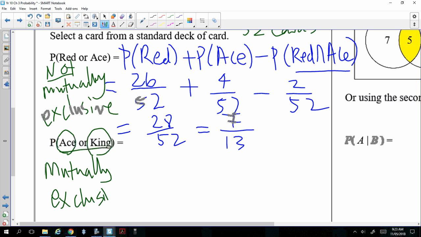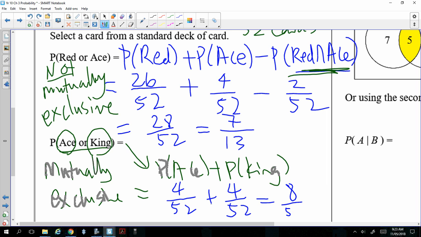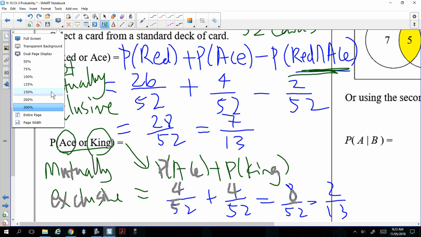You do not need the intersection term because it's 0 anyway, right? So the probability of ace is 4 out of 52. King is also 4 out of 52. So it's 8 out of 52, which is 2 out of 13. So note the difference between mutually exclusive and non-mutually exclusive events, and how to use this important formula.